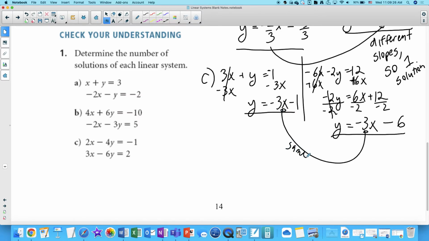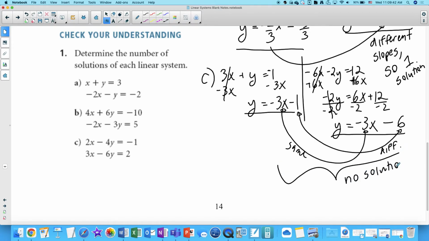Something else we're looking for. Yes, y-intercepts are different. Okay, so we have, in this case, no solution, right? These are parallel lines.